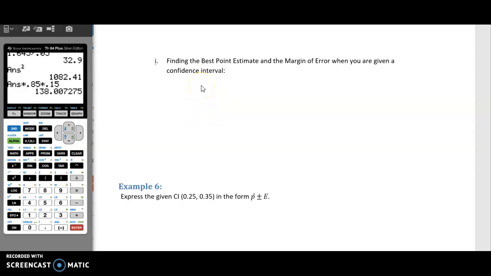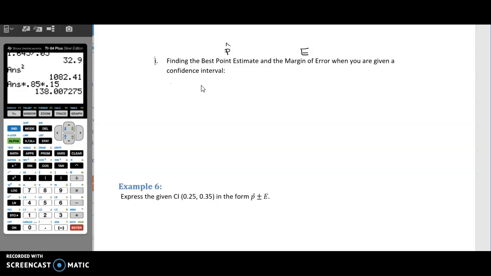Okay, so the last point in section 7.1 deals with finding the best point estimate, which we know is p hat, and the margin of error, which is e, when you are actually given the confidence interval.